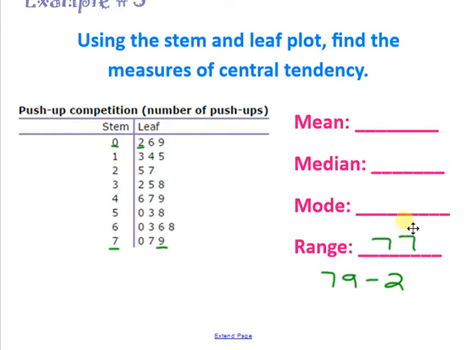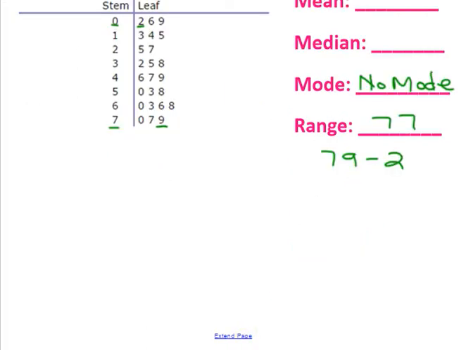Our mode is the number that appears most frequently. So is there a leaf that appears most frequently in a single stem? No, there's not one that doubles, so there is no mode. Now let's go ahead and find our median. To do that, we're going to list out all the numbers.